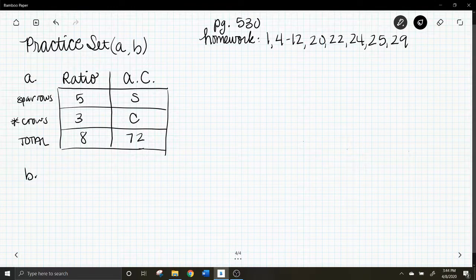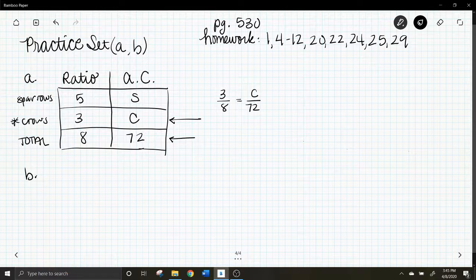So hopefully this is what your ratio box looked like. And now you need to set up your proportion. You want to look at the information that's filled out totally and the information that we are looking for. So those would be our bottom 2 rows there. And we would set up the proportion 3 is to 8 as C is to 72.